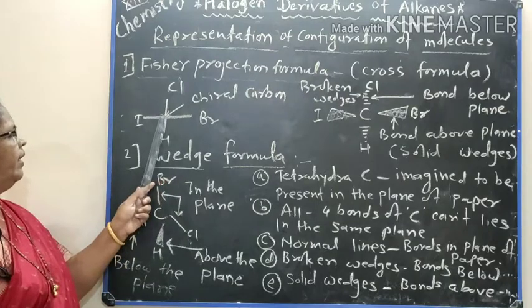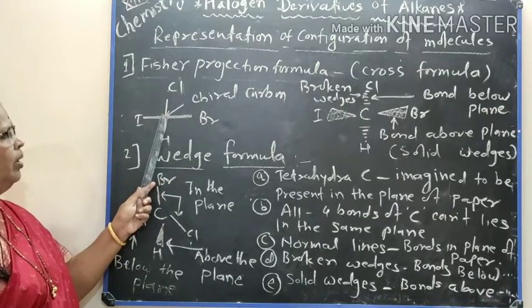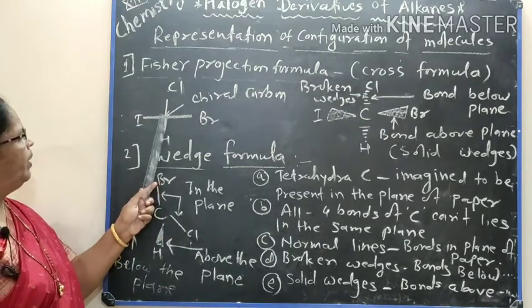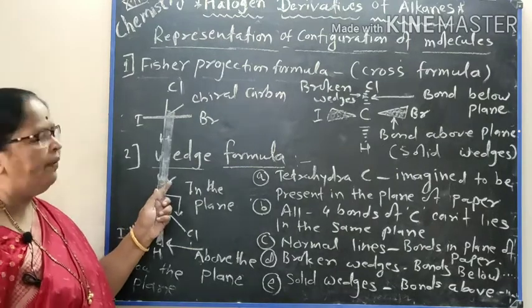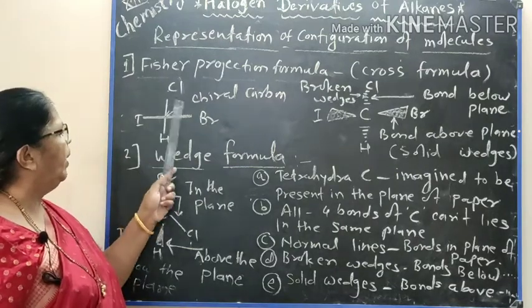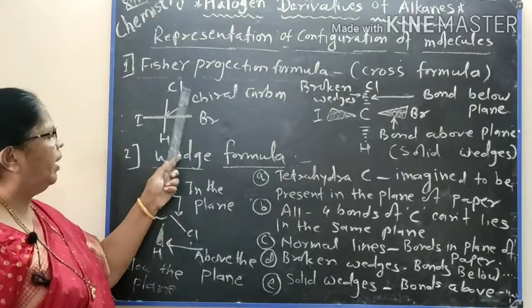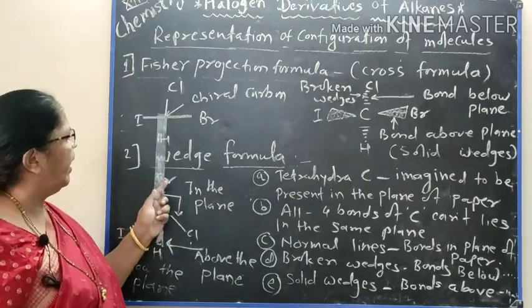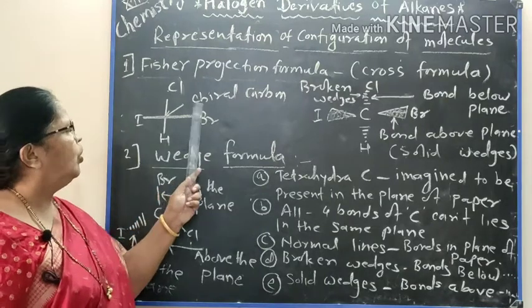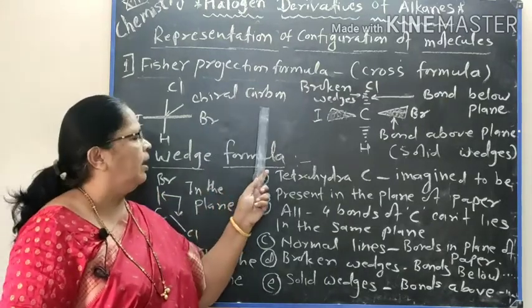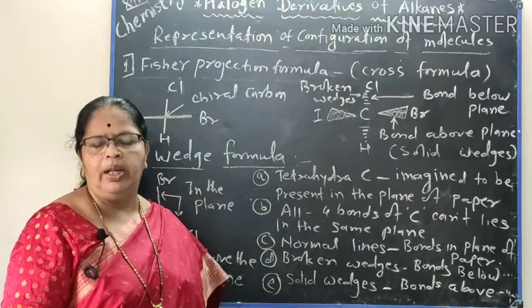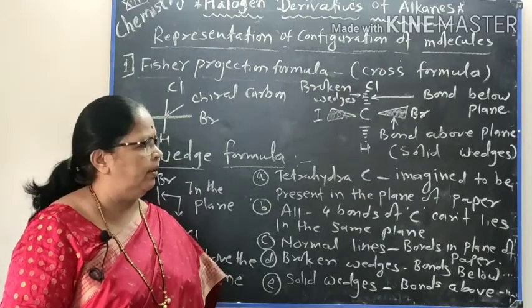Here at the center there is a chiral carbon atom which is asymmetric, which is attached to four different atoms such as chlorine, bromine, hydrogen and iodine. So it is called a chiral carbon, or it is also called an asymmetric carbon atom.